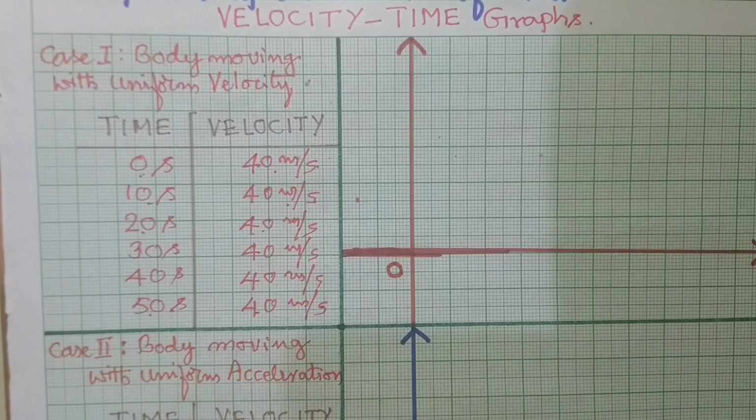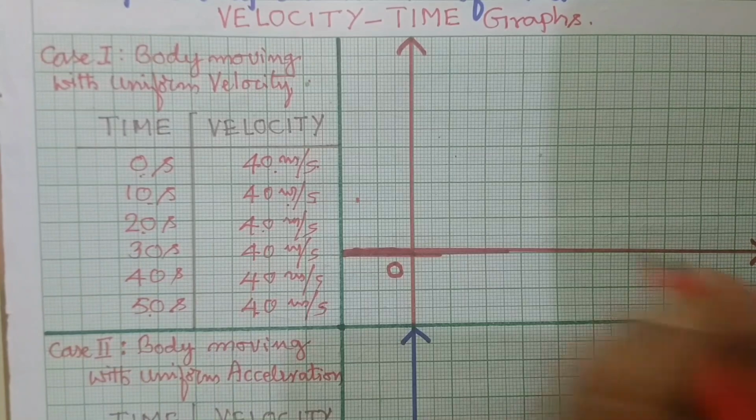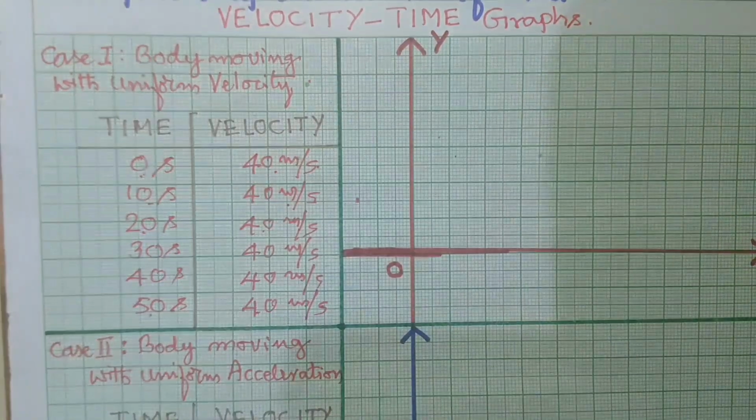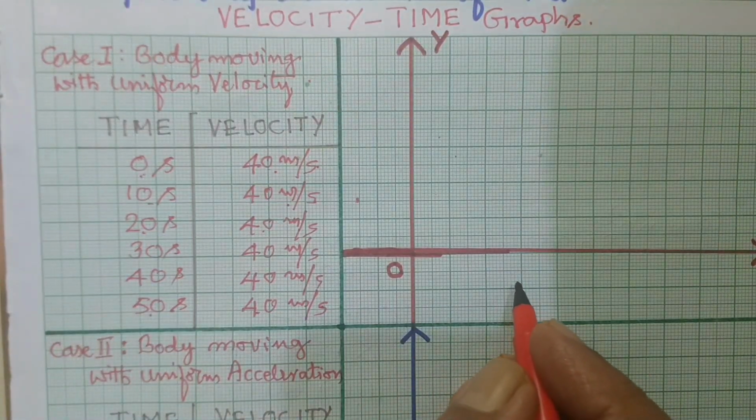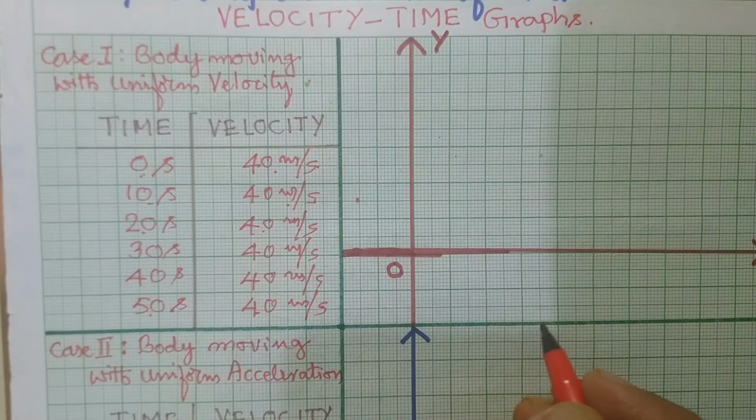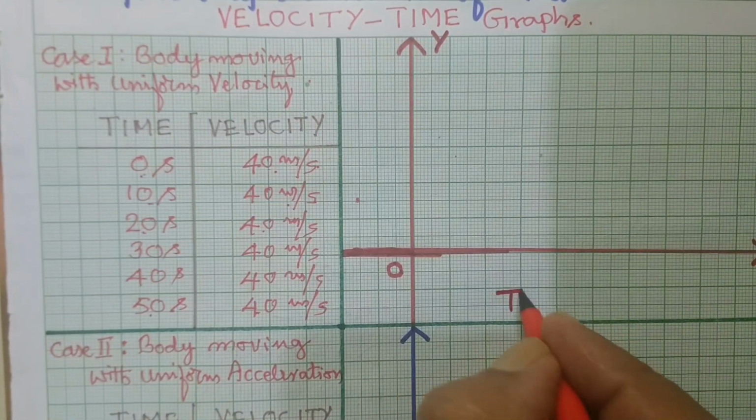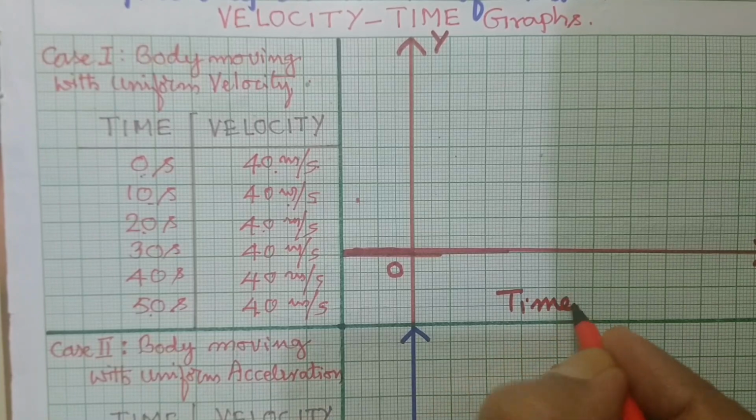Now let us draw the graph for this. To draw the graph for this uniform velocity, first we'll take up the x-axis and y-axis. On the x-axis, we will take the independent quantity. That is, time is the independent quantity, as I explained in the last class.